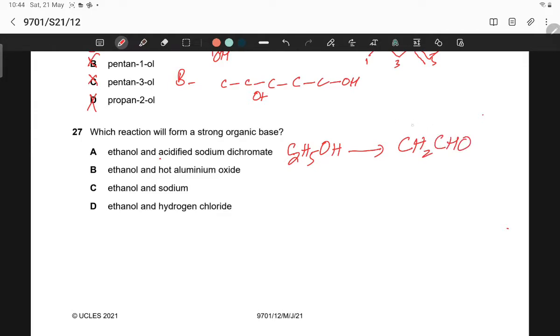Ethanol is oxidised, an aldehyde is formed. So it is not a base, so this is incorrect.